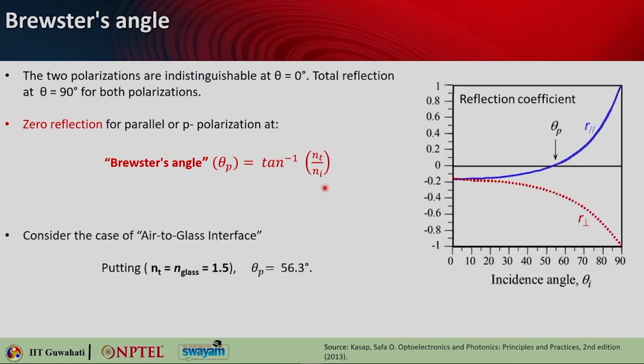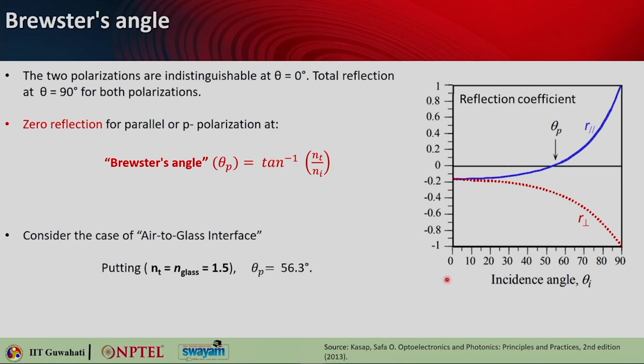Now if you consider an air to glass interface, and air you take as 1 and Nt, the transmitted refractive index, can be taken as N glass, which is 1.5. In that case you can calculate and find out that theta P equals 56.3 degrees.